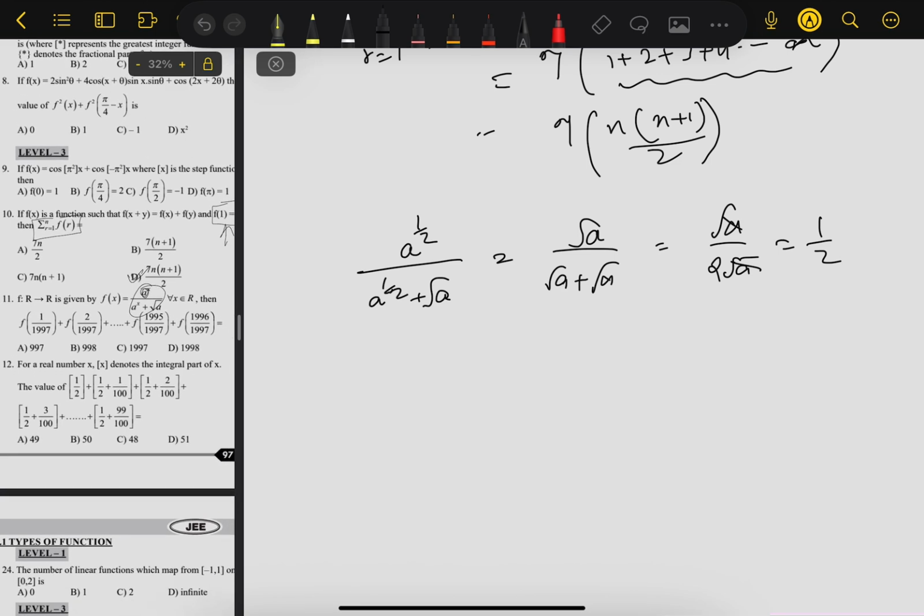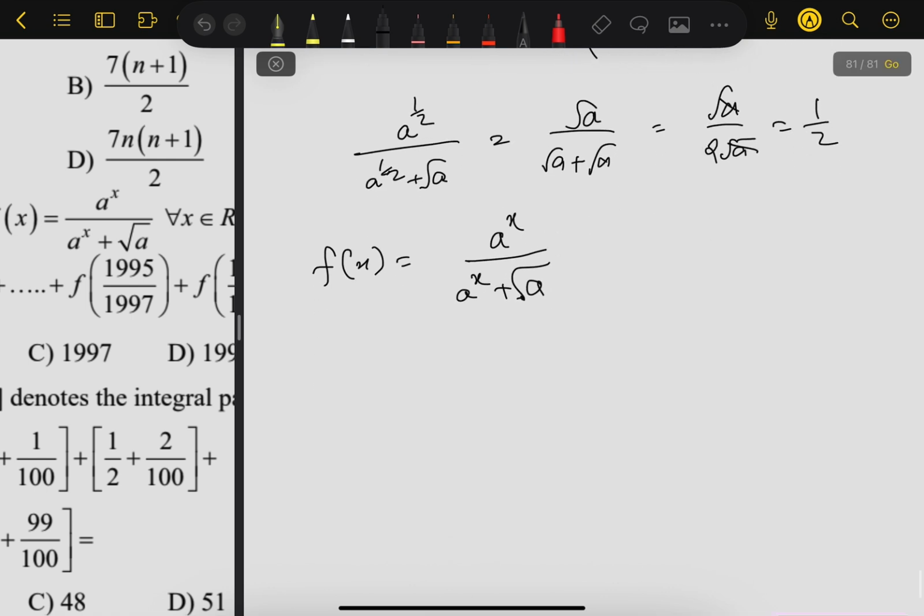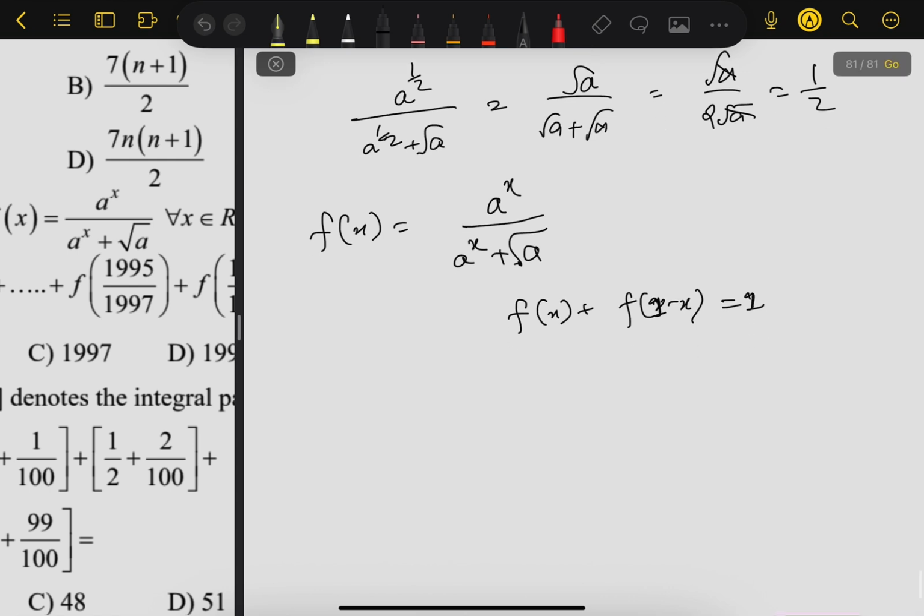Now let's solve this. If the function is given like this, f of x equals some constant raised to x divided by some constant raised to root of the same number, then f of x plus f of 1 minus x will be equal to 1.